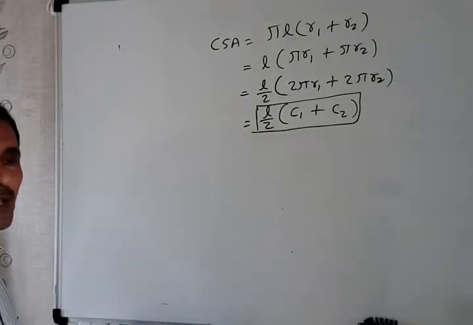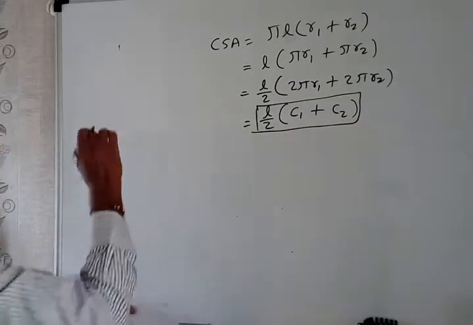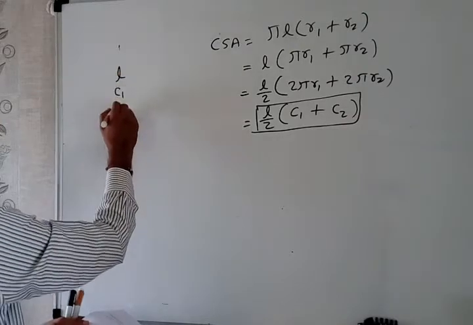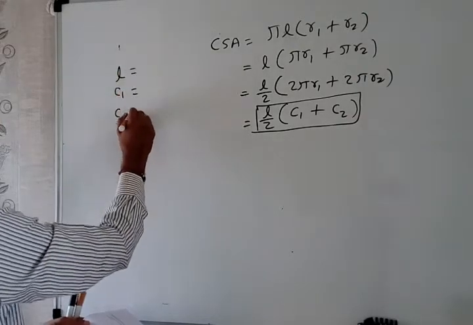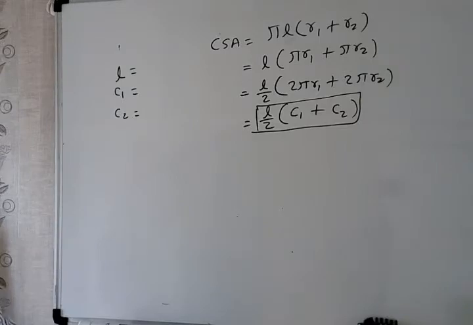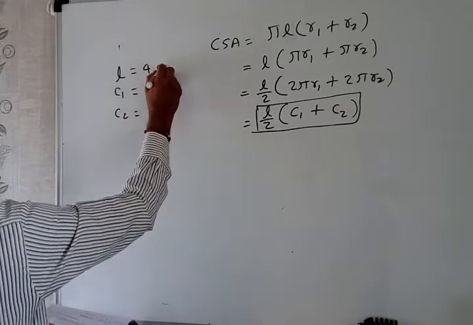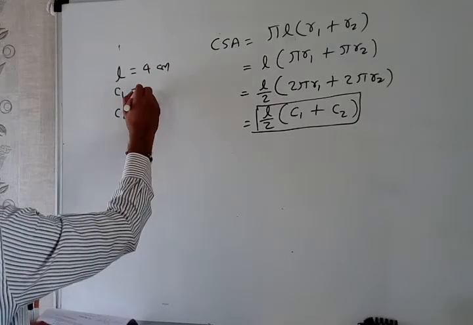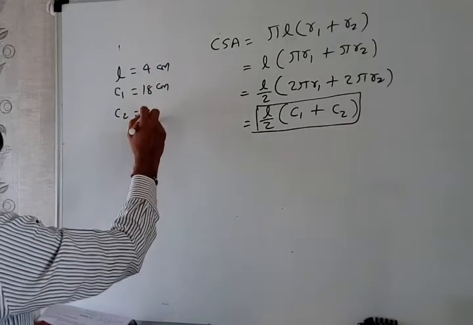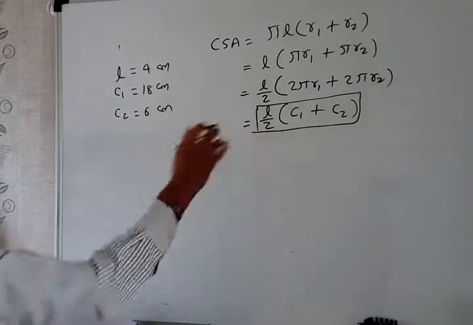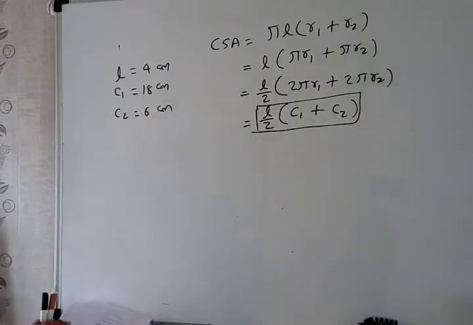Now look at what we are given. We are given slant height, C1 and C2, all three required parameters now. How much is it? 4 centimeters. Slant height is 4 centimeters. Circumferences are 18 and 6. So just place it. Now it becomes very simple. Okay.